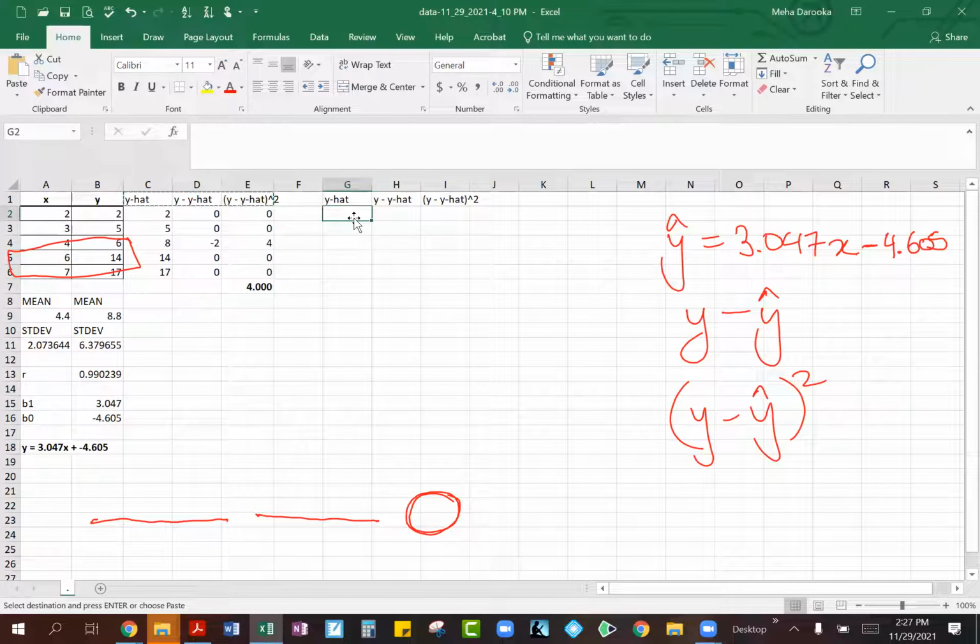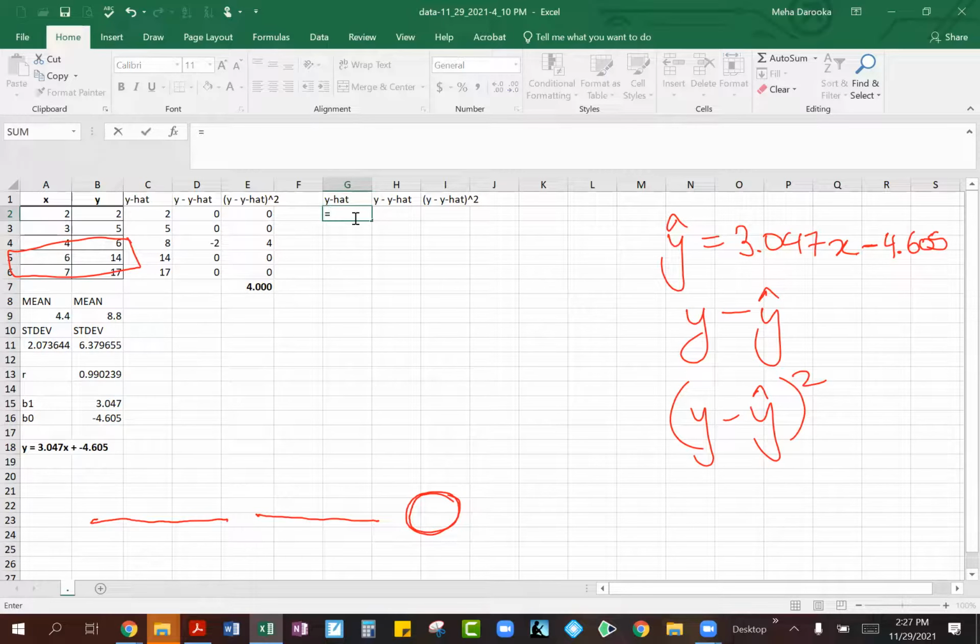So start by calculating your y hat first. So that will be equal to 3.047. Multiply this with your original x value, okay, minus 4.605.